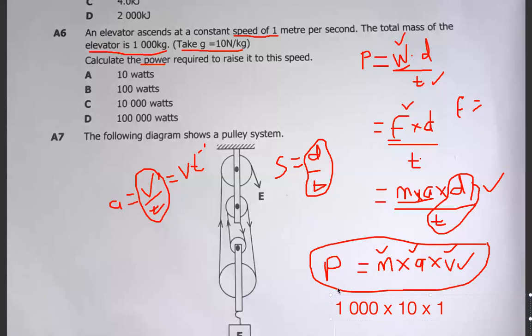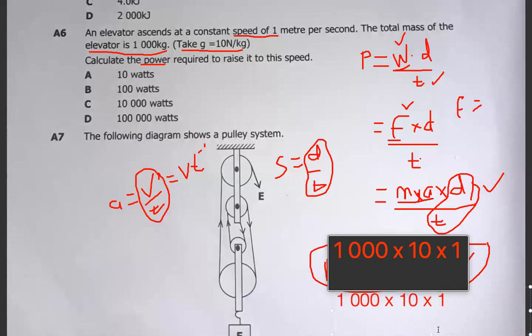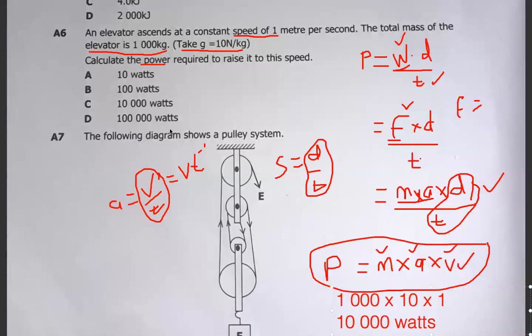When we multiply, we'll find that our answer will be 10,000 watts as our power. So the answer here is C. This question was a little bit involving because the parameters we had were not exact, meaning you have to do a little bit of derivation until you find the answer. And this is how the answer is found.